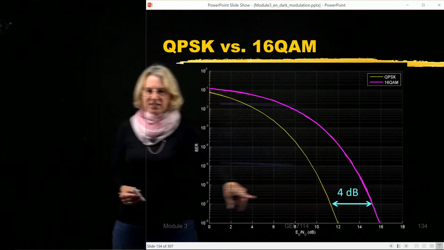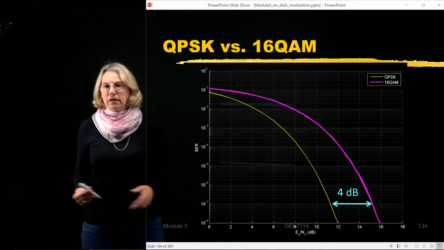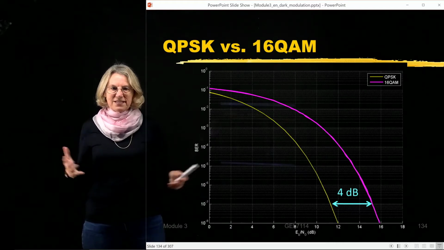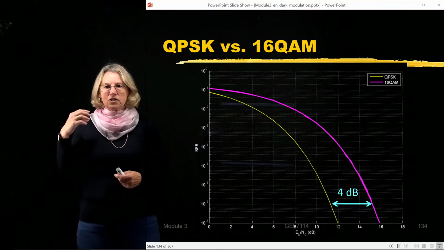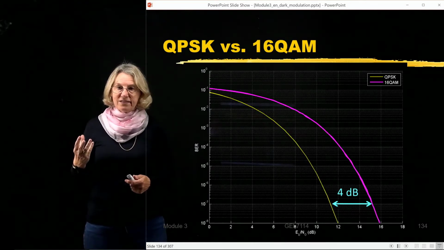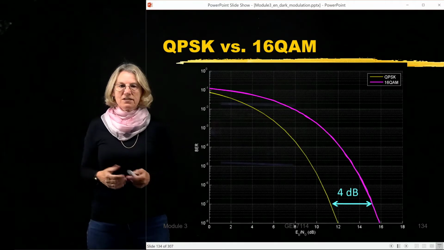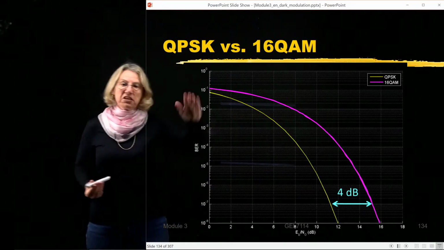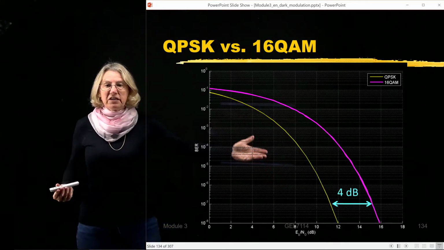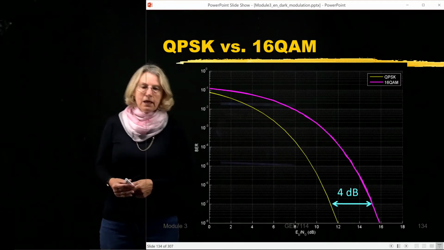But you can see that when we get to values which are of interest in communications, probability of error of 10 to the minus 4, minus 5, minus 6, that's where we're already in this regime where the loss vis-a-vis QPSK, this expression for the lowercase d min, is giving us. So it's telling us how far apart these curves are. If I have the QPSK curve, I really could get a pretty good approximation of it just by moving it over by 4 dB.